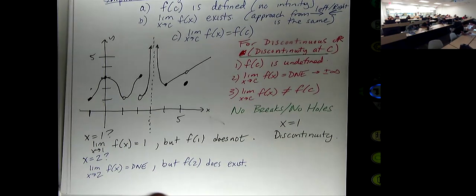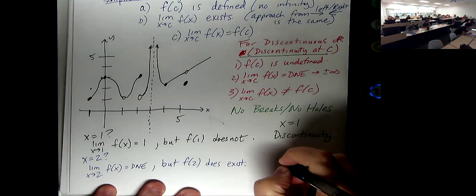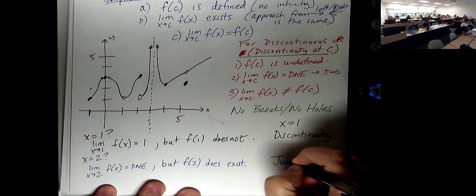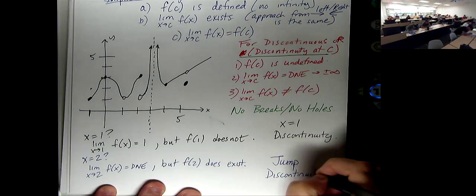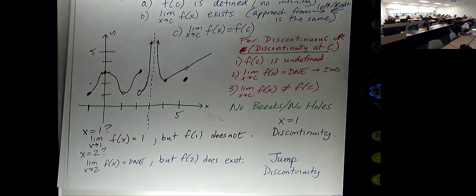So since there's actually a point there, we say it's discontinuous there, but we call that gap a jump discontinuity. That explains why it's not continuous there. The graph jumps. Depending on which side you're going, I would call that a drop from the left, but from the right, it's got to jump up to get to the next level. So they call it a jump discontinuity.